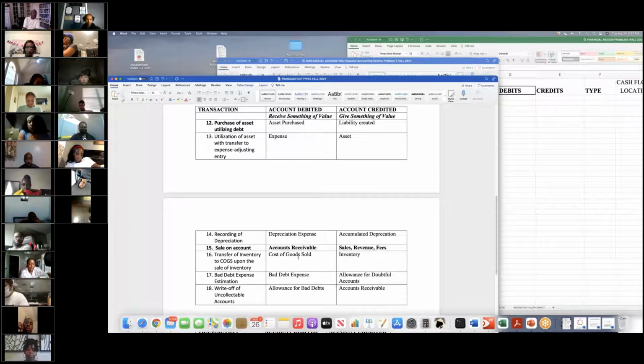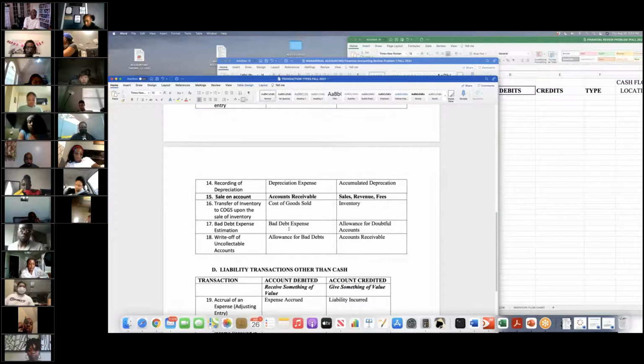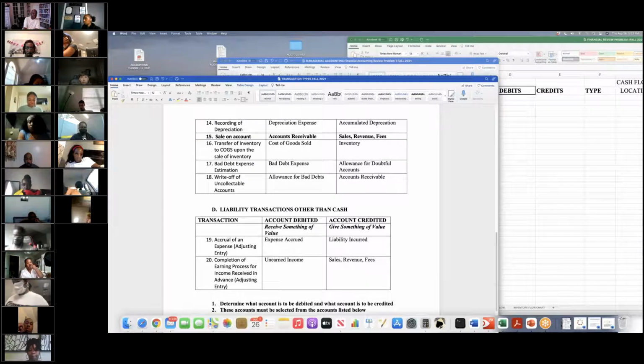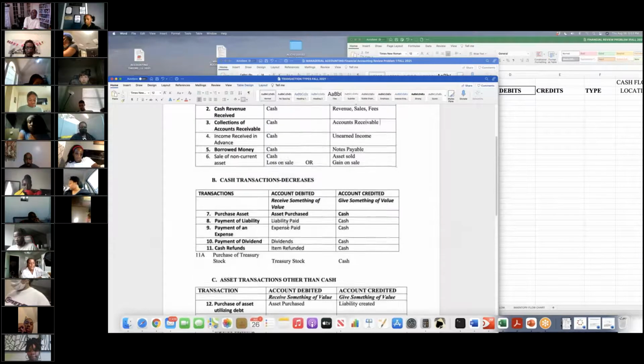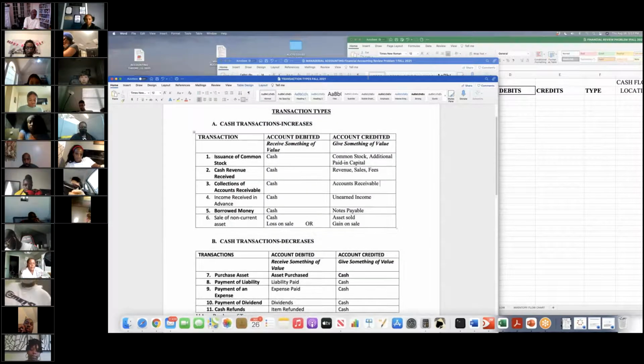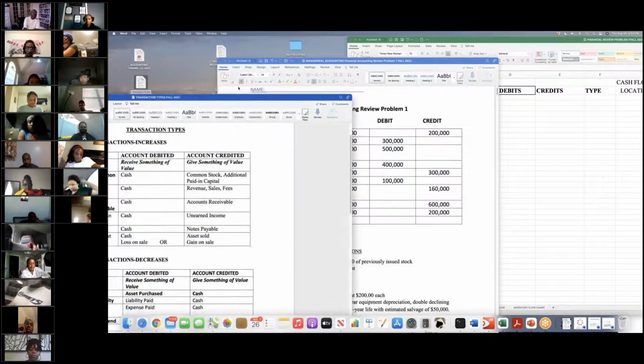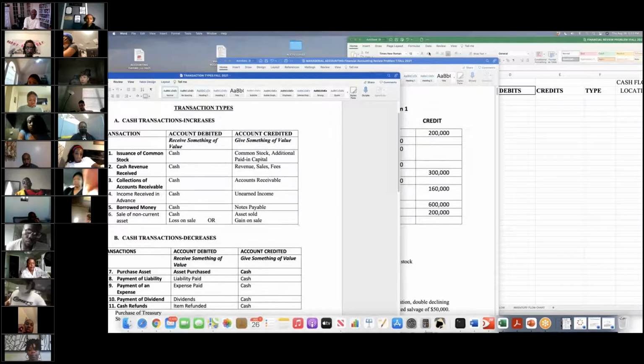There's also cost of goods sold, where we transfer from inventory to cost of goods sold. So there are about 20 types of transactions, and once you get a transaction, you just come over here and see where it goes. We'll put this here for now and go to our first transaction.